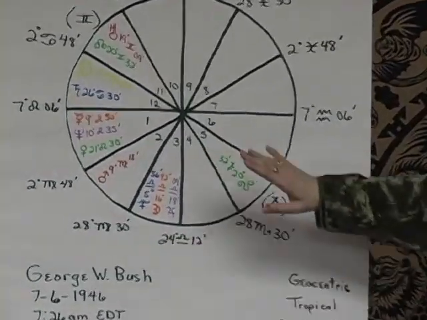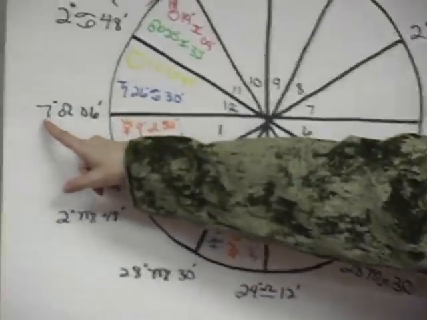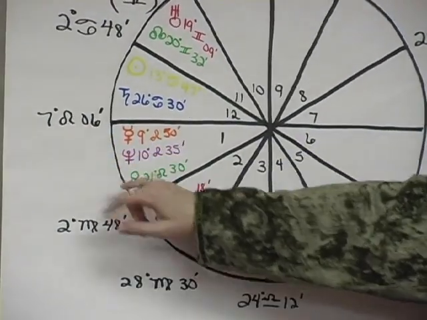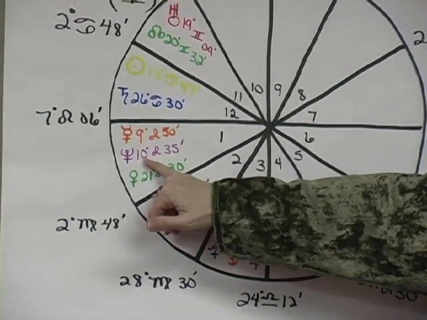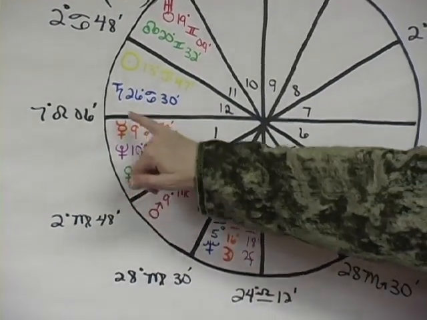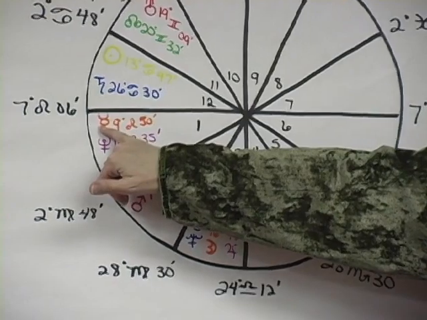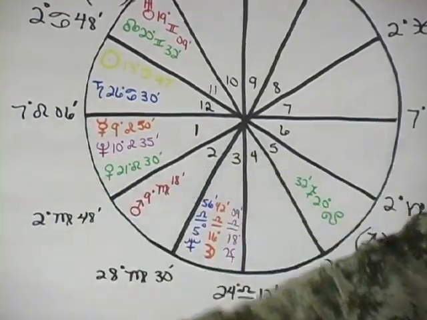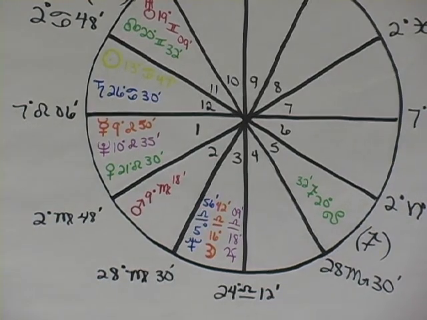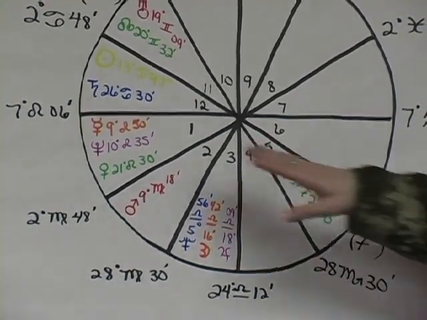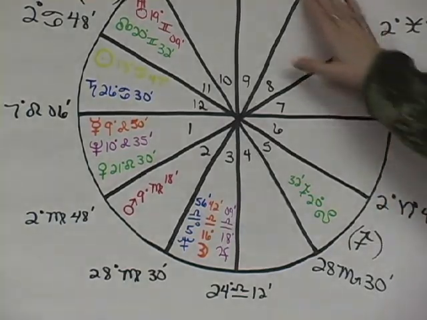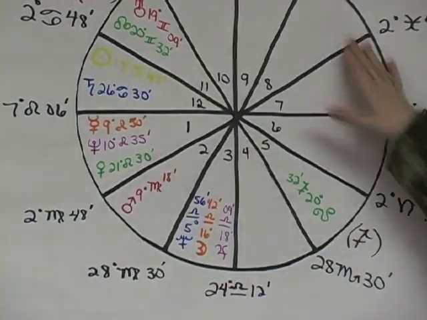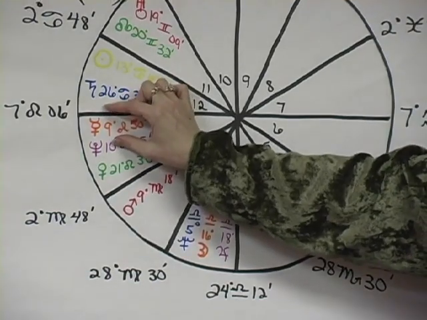And if you look at it by the fact that the ascendant is 7 degrees Leo and George Bush has Pluto at 10 degrees Leo, Pluto is only 3 degrees inside the beginning of the whole chart. Because we're looking, again, at the whole 12 houses, 360 degrees, and we're only 3 degrees inside that.